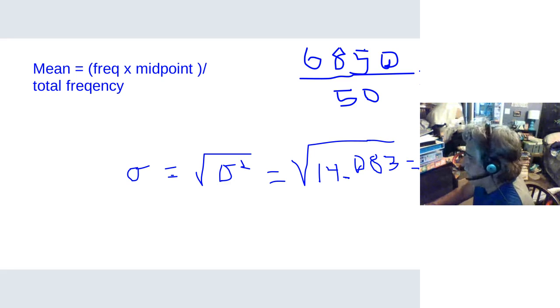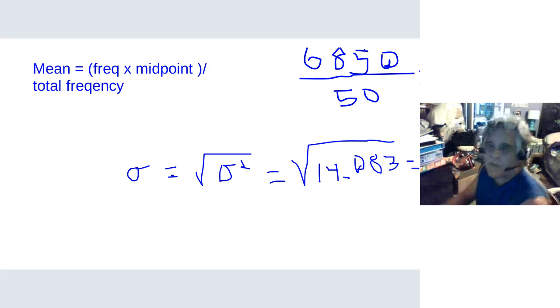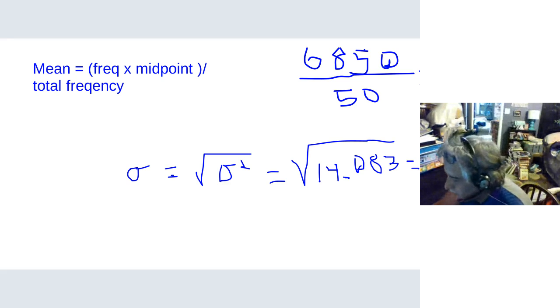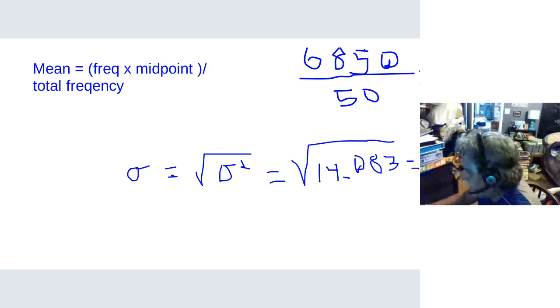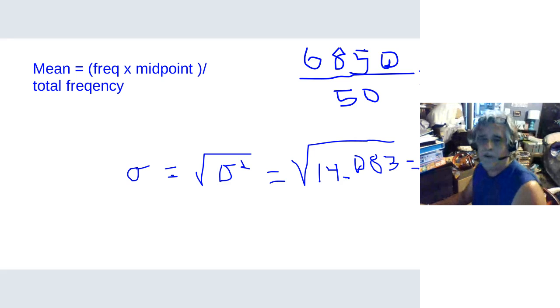I can't really type out a square root sign on here. So the square root of 14.083 is 3.75. As I promised, with the standard deviation, you get a second calculation along the way called the variance.